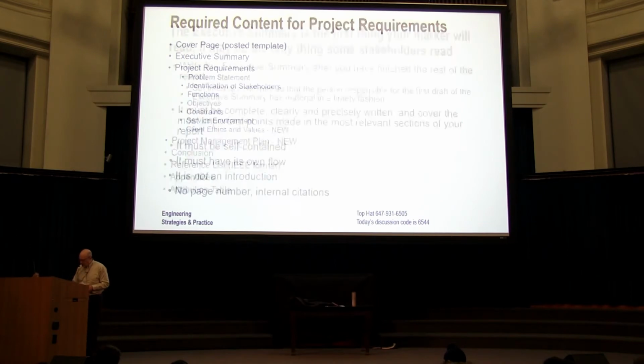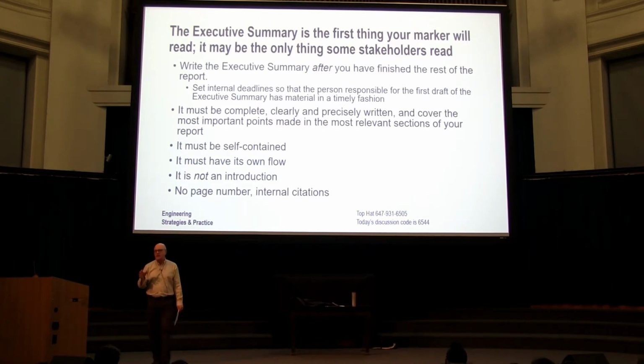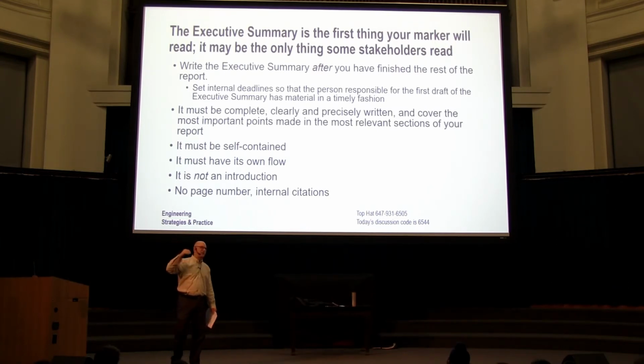Normally, I talk about the executive summary at the end because it's good to write it after everything else has been written. That's why on this slide, I put things that I think are really important for every team.